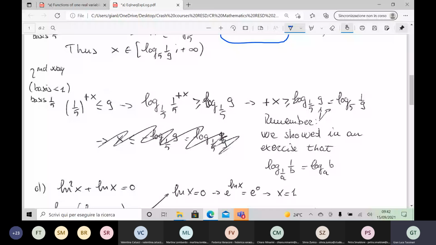Here I simply told you, remember that we showed in an exercise, and this is the exercise I gave you for home, that logarithm with basis 1 over a of 1 over b is equal to logarithm with basis a of b. So take the reciprocal of this one is 5, take the reciprocal of this one is 1 over 9. So you see that we got exactly x greater or equal than this number, which was exactly the previous solution.